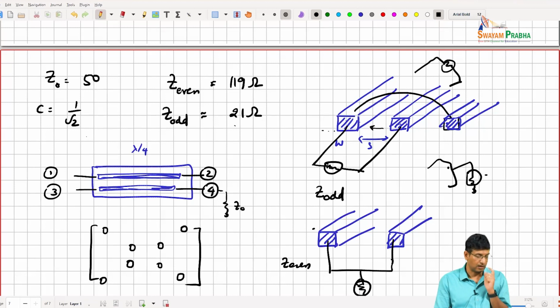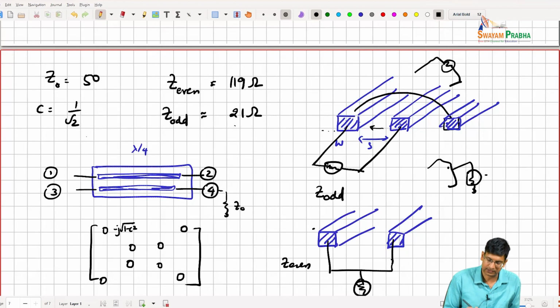And then you can basically see that this is minus j square root of 1 minus c squared. This is c. This is minus j square root of 1 minus c squared. This is c. This is c, minus j square root of 1 minus c squared.